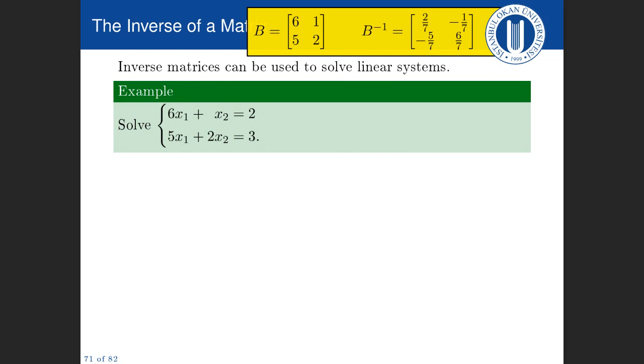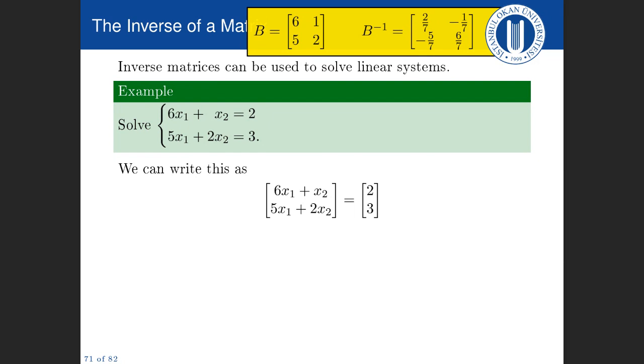Inverse matrices can be used to solve linear systems. For example, solve 6x1 plus x2 is equal to 2, 5x1 plus 2x2 is equal to 3. Now, we could write this as vector equal to vector: 6x1 plus x2, 5x1 plus 2x2 is equal to the vector 2, 3.